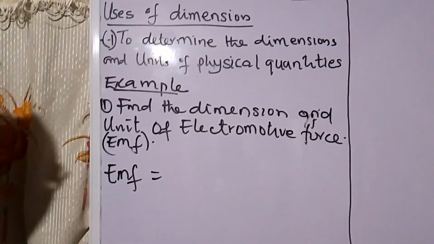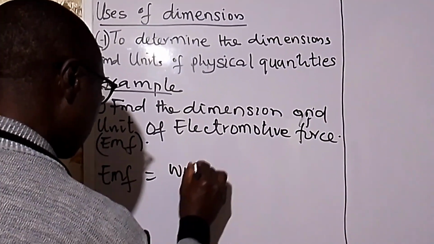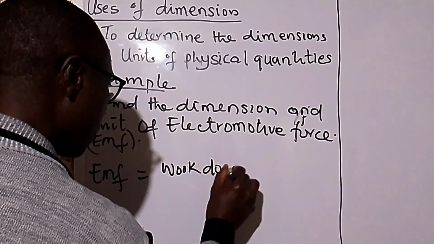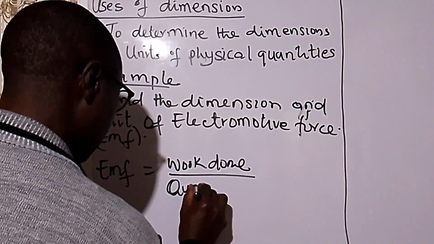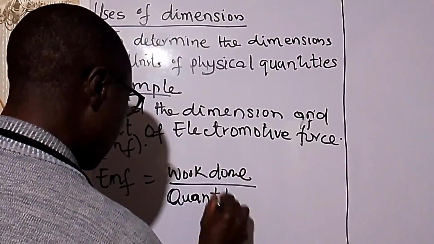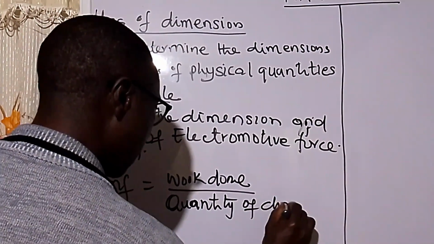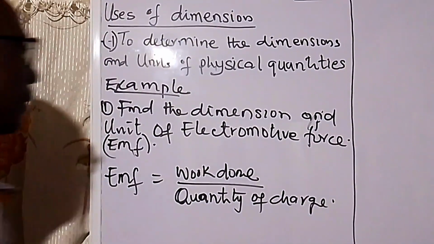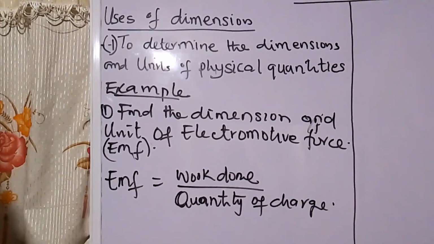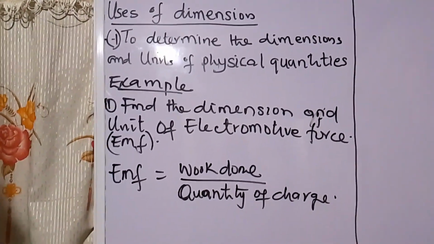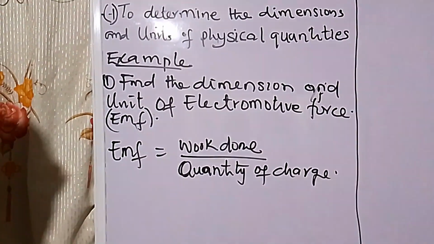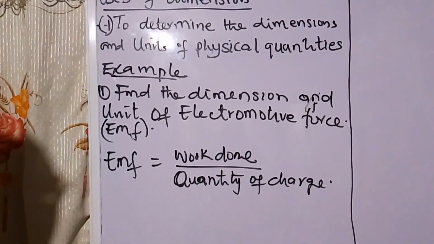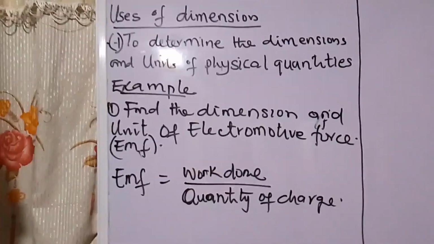And the formula for EMF is work done over quantity of charge. Now, don't forget our rules that we want to derive the dimension and the unit of any physical quantity which is derived.